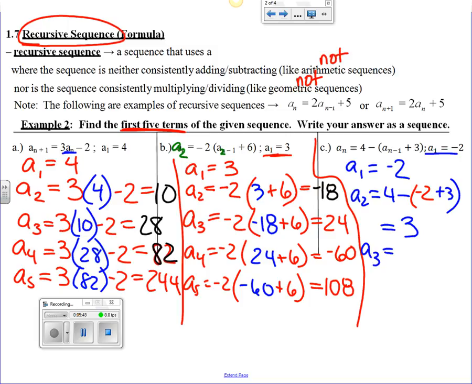Okay. All right. A3. Pandora, give A3 a shot. How do you set it up? Good. All right. A4. Kendra?